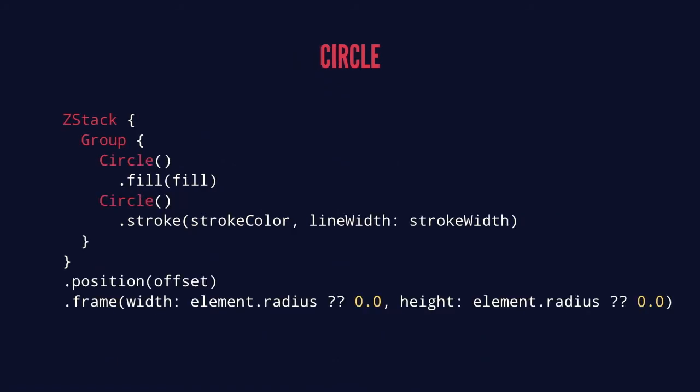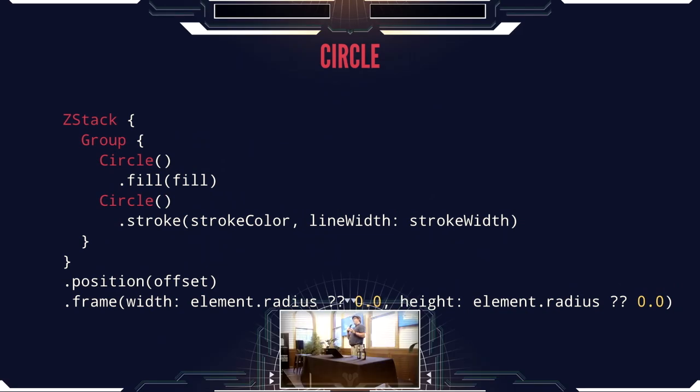Similarly, with circle, we have our outside circle, which is our stroke, and our inside circle, which is the fill. But this time we are doing a position, which is we are moving the middle point, so the point right in the center of that circle, to the required value, which is specified in the CX and the CY attributes.